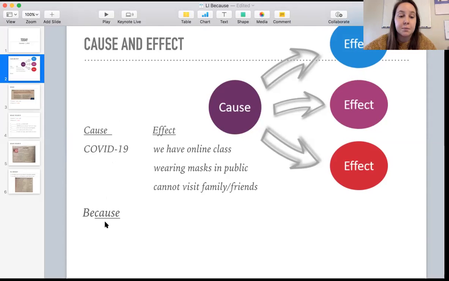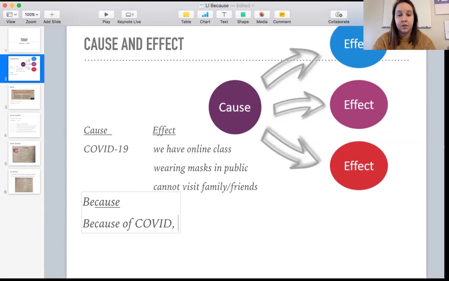For example, we would say something like, because of COVID-19, we have online class. This sentence tells us the cause and the effect and links them together to be very clear about what we mean.